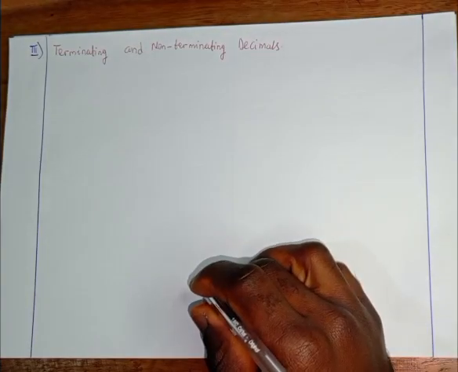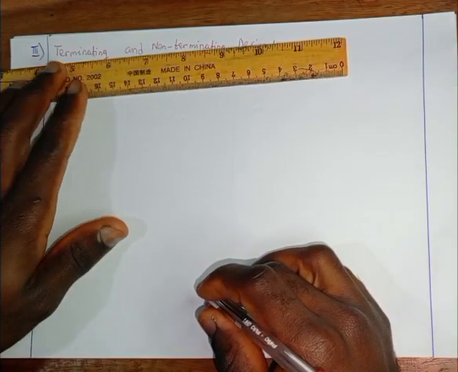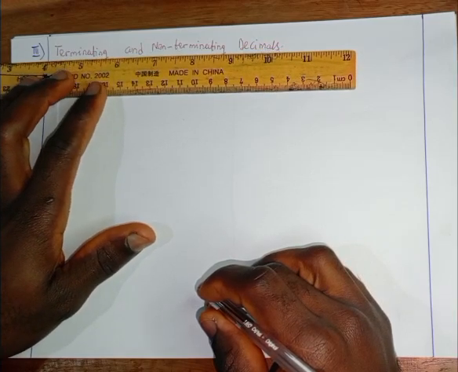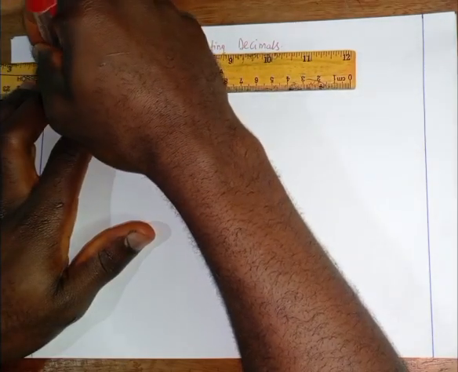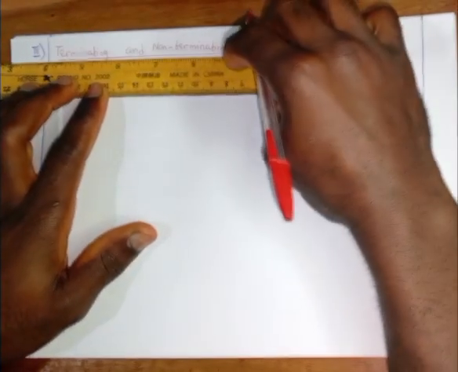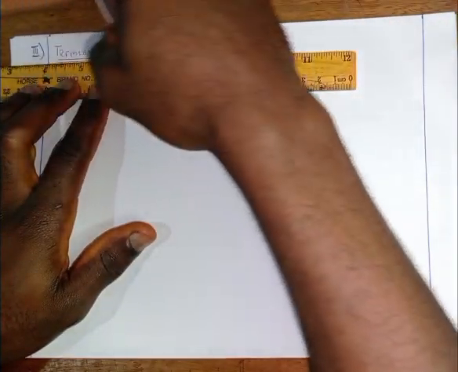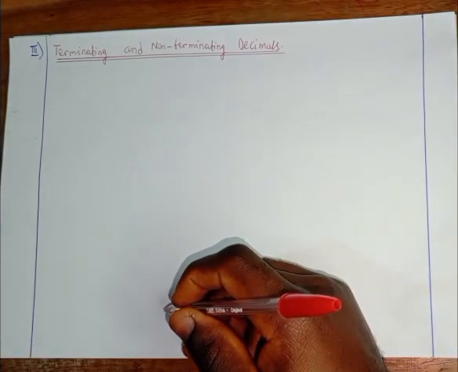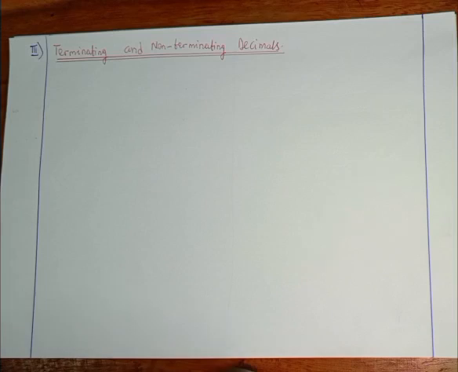When you hear terminating, you think of having an end. Non-terminating means it does not have an end. So a terminating decimal is simply a decimal number which has a last digit, and a non-terminating decimal is a decimal number which does not have a last digit. In such a case, there is a particular pattern of repetition of the digits.